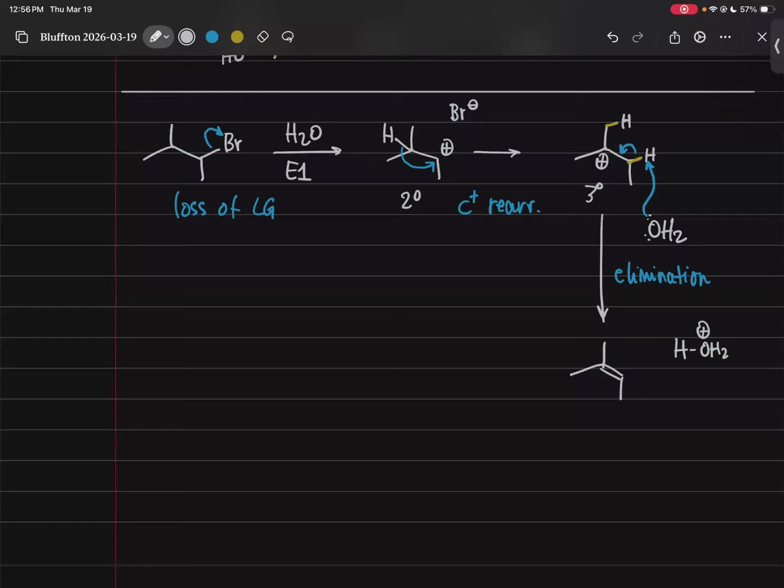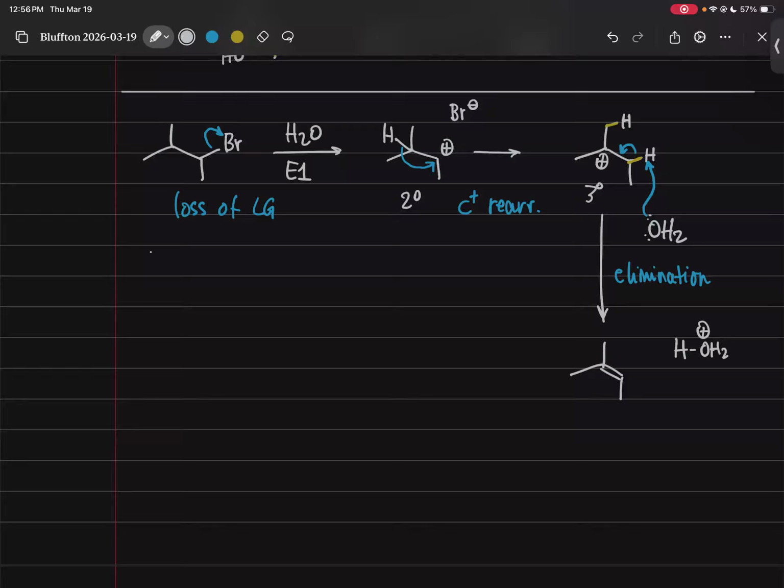Now, you might say, well, hang on, why didn't we just skip the carbocation rearrangement and use water to deprotonate here and then just have this form the double bond? The answer is that technically that does happen, but the carbocation rearrangement happens so quickly that this is the mechanism that it takes.